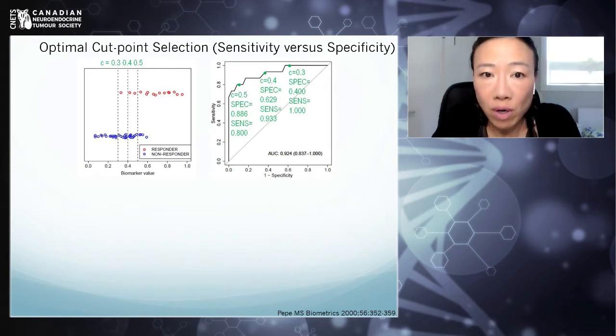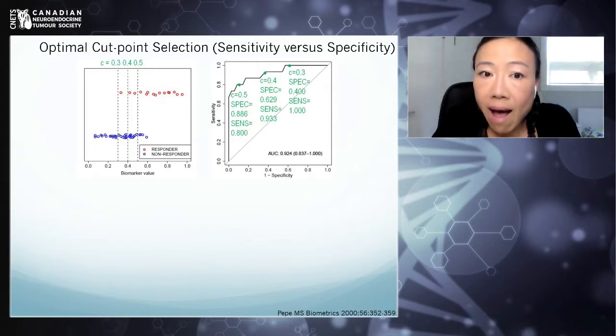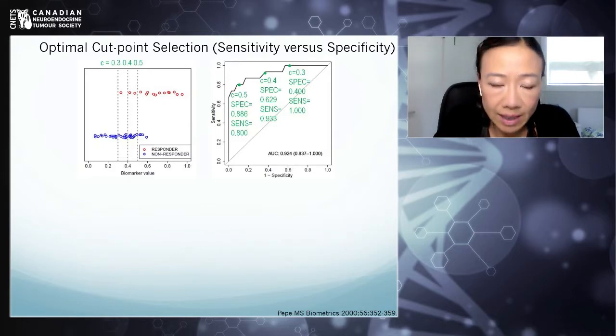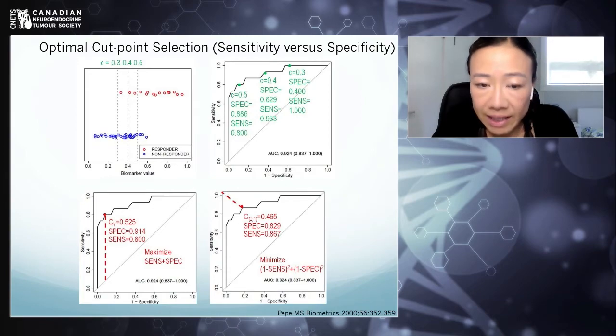This generates a portrait where the area under the curve, or AUC, represents the diagnostic performance of the test. So the higher the AUC, the higher the performance of the test. In brief, what we're trying to do here is to maximize both sensitivity and specificity, but minimize false positives and false negatives.